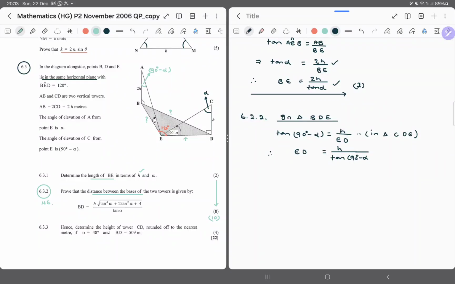Nice. So guys, this is not nicely simplified. So this is h over, now this is an angle in the first quadrant, so the cofunction of tan is cot. So this is going to be cot alpha. We leave it at that.